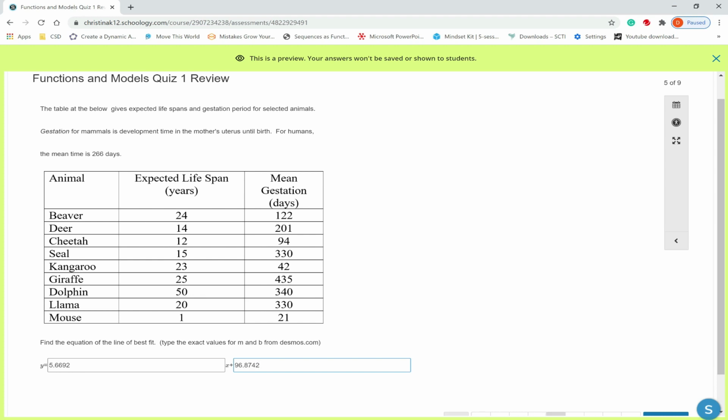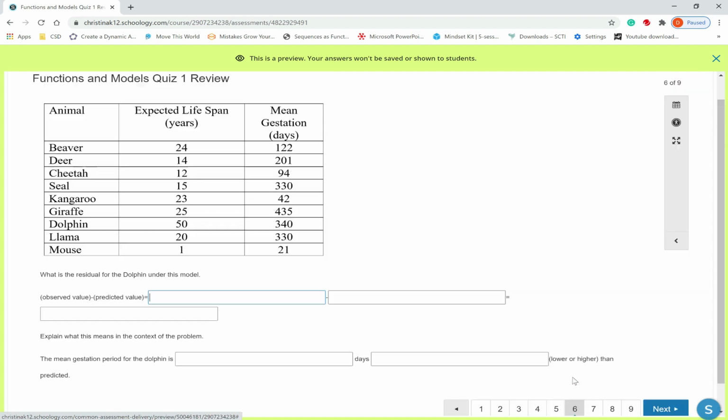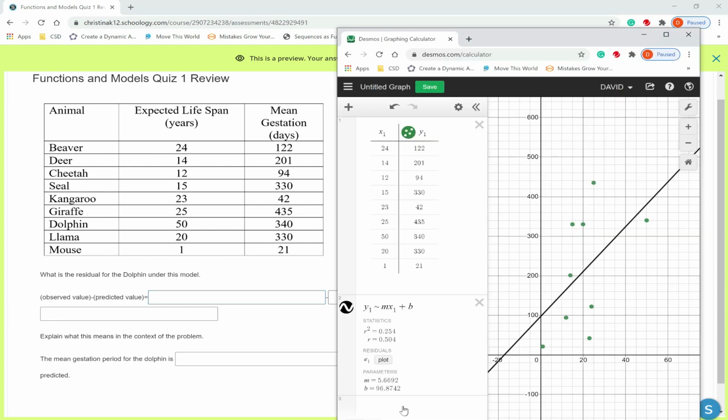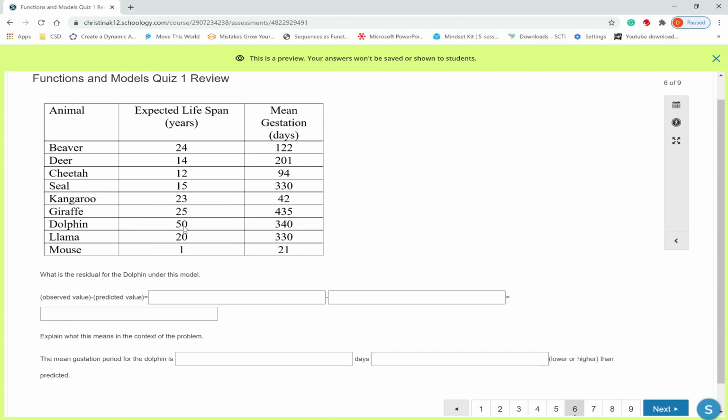Number 6. This question is based on the same question. We're doing an observed value minus predicted value for the dolphin. So we have to plug in the x value for the dolphin, which is 50.